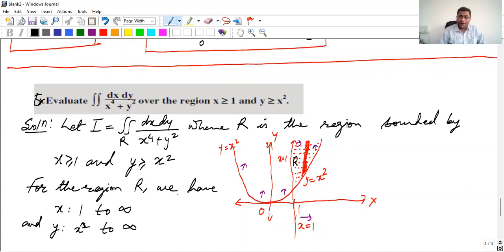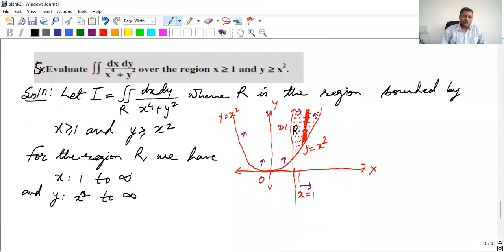Are you getting these limits? Yes, sir. Now we have considered the vertical strip. So what will be the order of integration? Hence we get I equal to the integral from 1 to infinity.